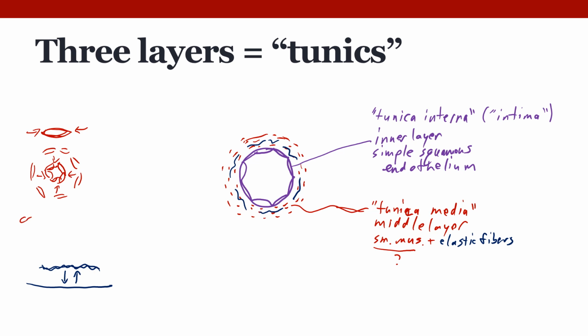So contraction of the smooth muscles equals constriction of the blood vessel. In other words, the smooth muscle cells can contract, and so the blood vessel gets narrower.